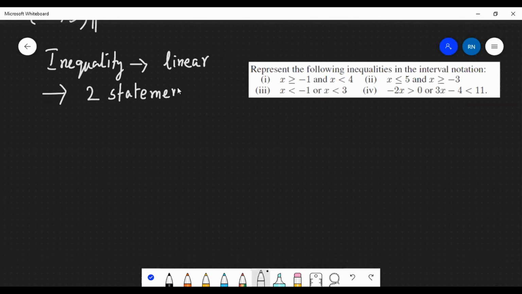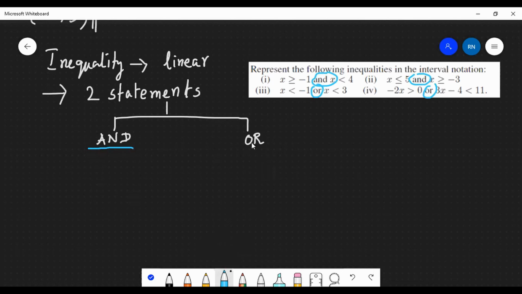Now we are capable of solving 2 statements connected differently: 2 statements connected using the word AND, and another category involving OR. So the first and second subdivisions involve the AND statement, and the OR statement is in the third and fourth subdivisions.